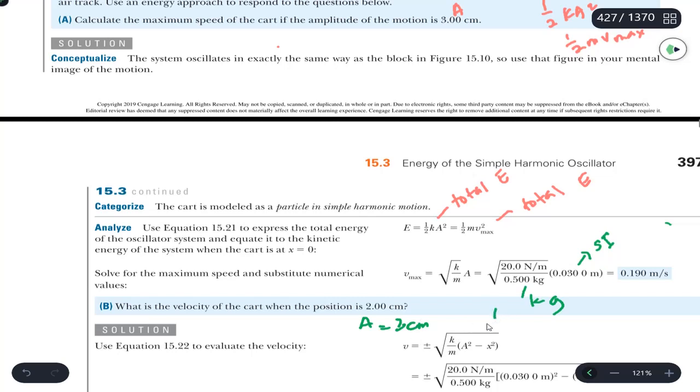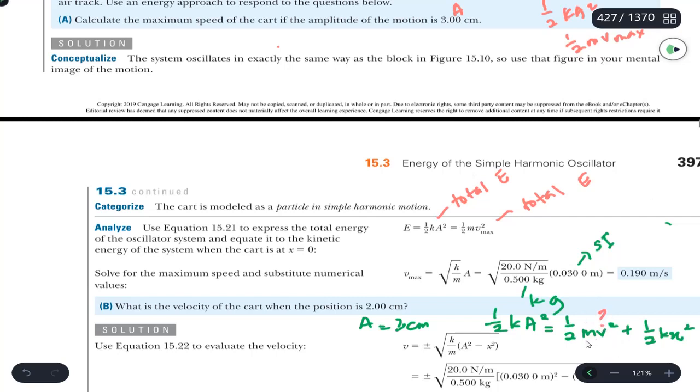So go to the generic expression: half kA squared is equivalent to half mv squared plus half kx squared. You do not need to memorize it in this version. You can just go with these expressions because you already identified that at this location of less than amplitude, there are two types of energy. Number one, potential. Number two, kinetic energy. And your aim is to get this value.